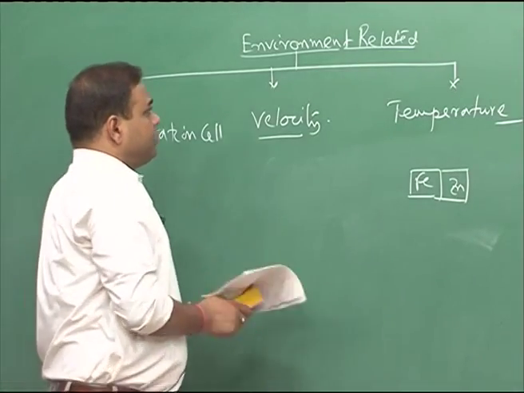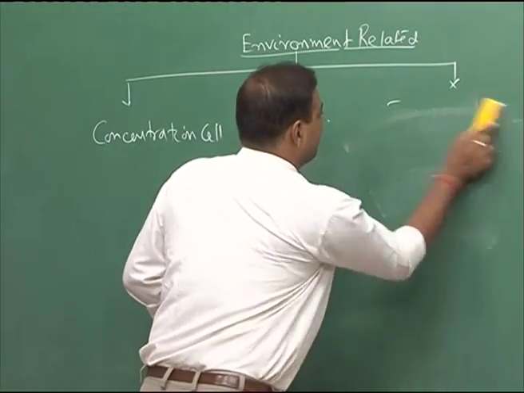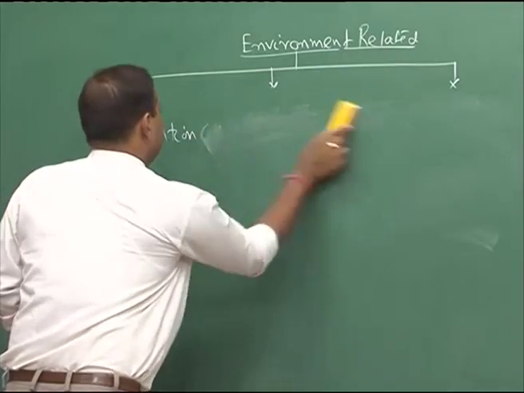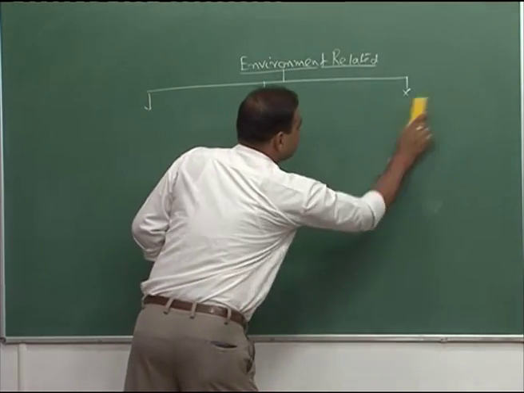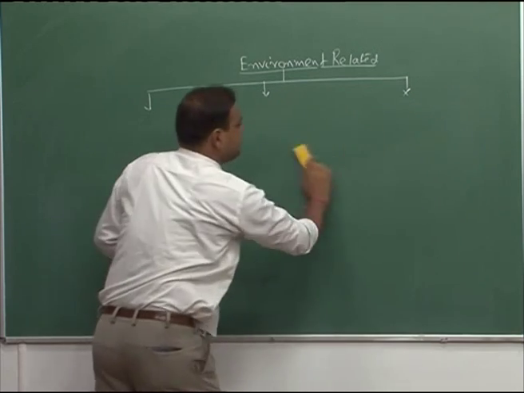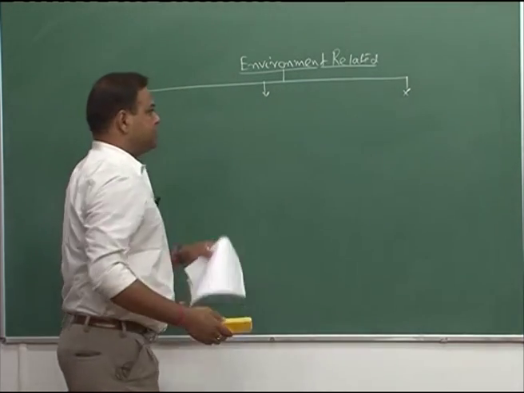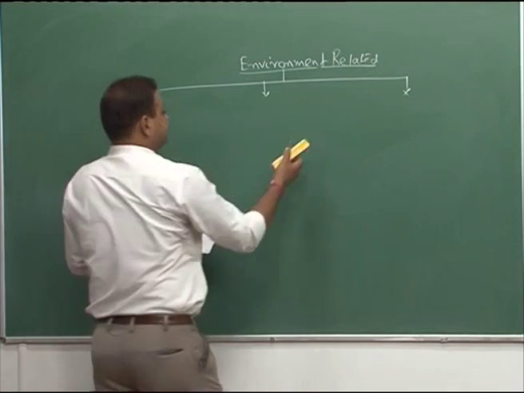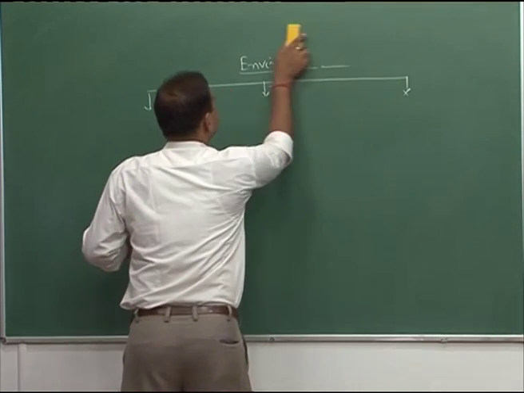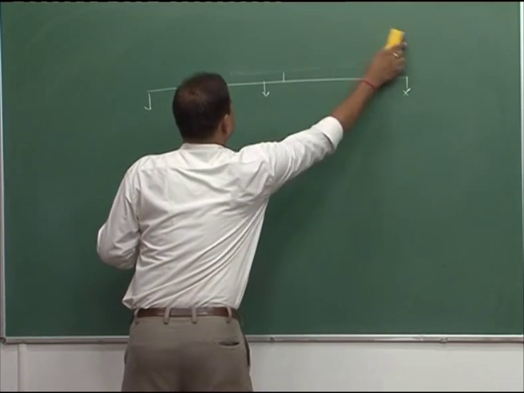Now, if we consider metallurgical and environment factors together, we can explain many failures due to corrosion. There is one more important factor, that is the stress or pressure related factor.